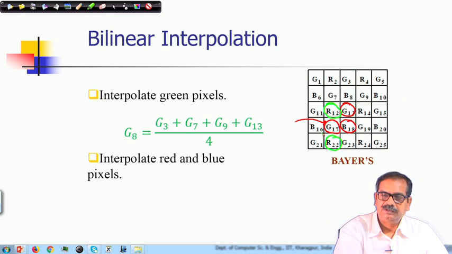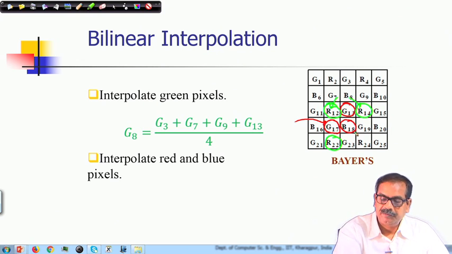So, what you need to do is identify the type of pixel in a CFA, that means which type of row and which type of column it is. For example, this is a blue row and green column, that is how you designate these pixel positions, and for that case you have to consider the top neighbor and bottom neighbor, and then take the average. Whereas if it is in a red row and green column, then you have to consider the left neighbor and the right neighbor, and take the average.